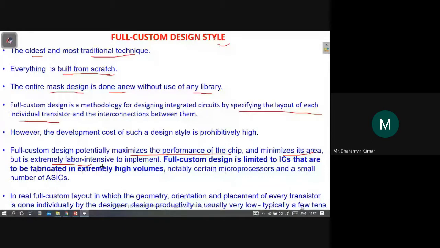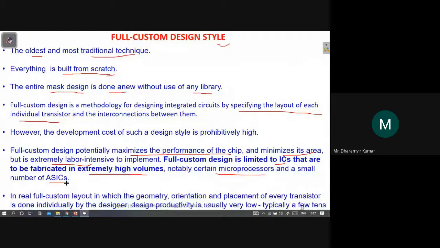So where should it be used? Definitely, it should be used for those ICs that are to be fabricated in extremely high volumes. For example, some microprocessors and some specific ASICs, which we know would be sold in numbers of millions or even billions.